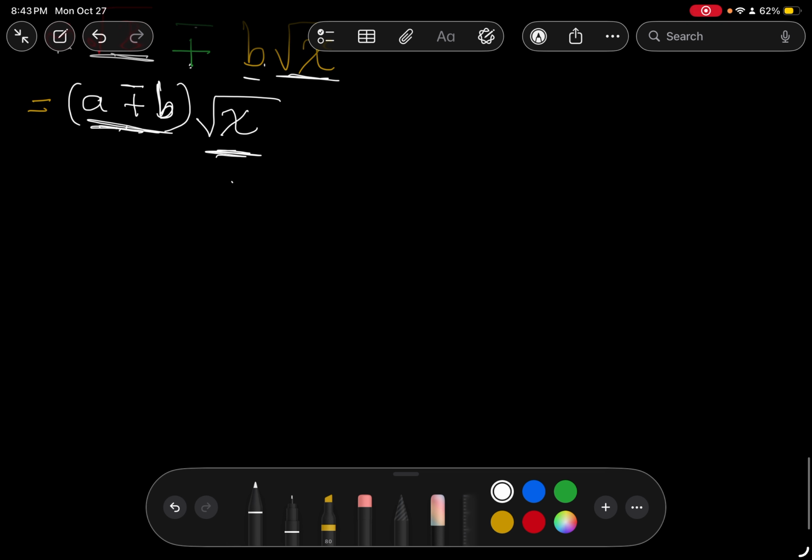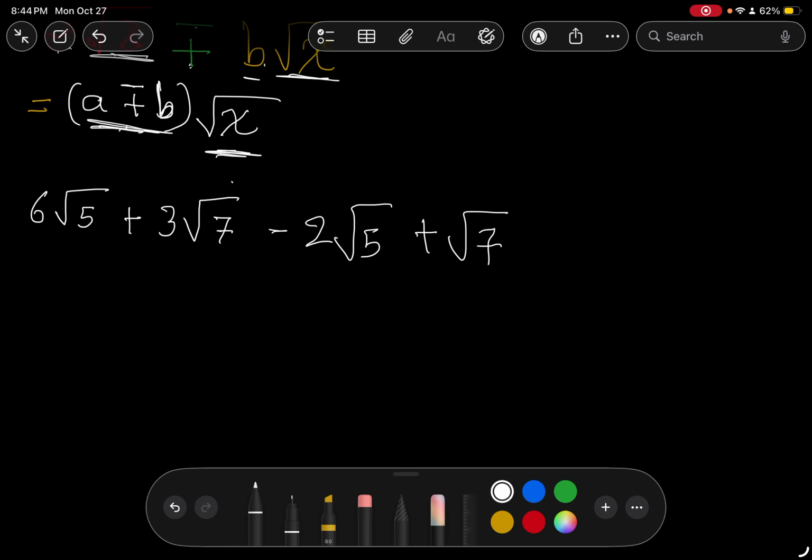The first term is a radical x, and the second term is b radical x. First example, look at this example. We have 6 radical of 5 plus 3 radical of 7 minus 2 radical of 5 plus radical of 7. We should solve it directly because it is so easy. 6 radical of 5 minus 2 radical of 5 is 4 radical of 5.